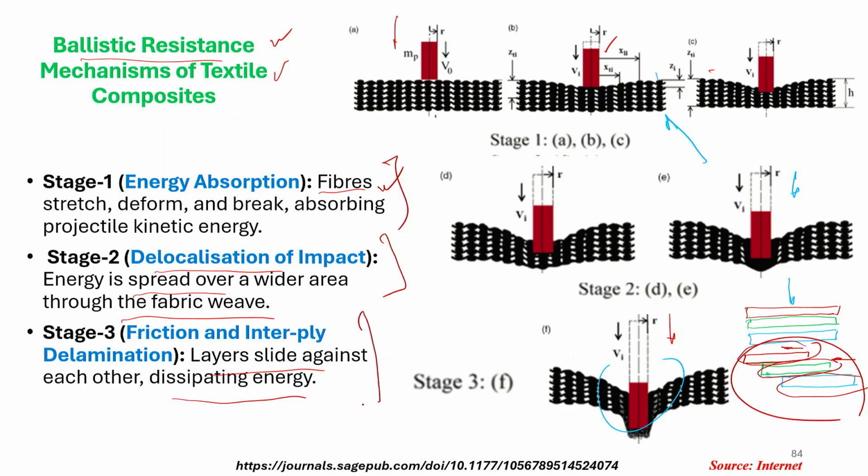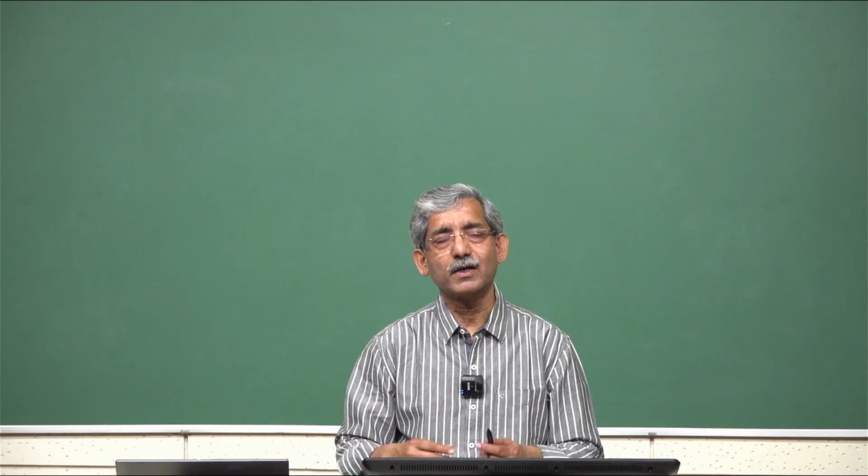And the third one is delamination, because interlayer frictional force will also absorb the remaining energy. By these processes, textile based composites absorb the kinetic energy.